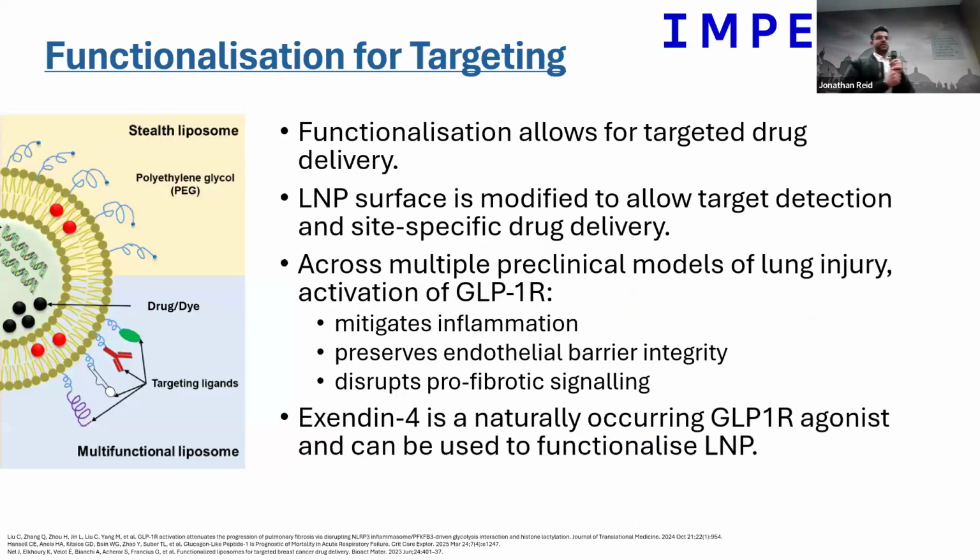Now, how do we increase cellular uptake? Well, what we can do is we can directly send our lipid nanoparticles to our cells, and for that, we can functionalize them. Essentially, functionalizing our particles allows for targeted drug delivery. To do this, we coat the surface of our lipid nanoparticle with a peptide or a ligand that directly identifies a surface receptor on our target cell.